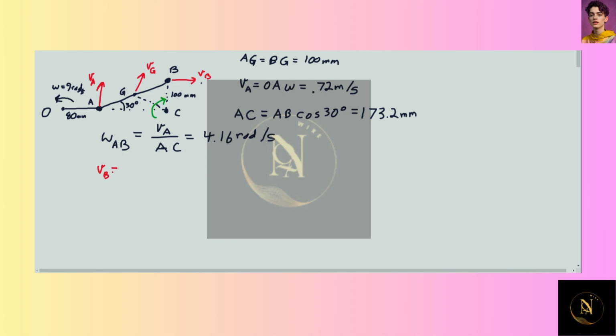The velocity of point B will just be that length BC times that omega AB that we found. The length BC is 100 millimeters. The angular velocity was 4.16 radians per second. So this gives us a velocity of about 0.416 meters per second, and it's confined to move in that horizontal direction to the right.